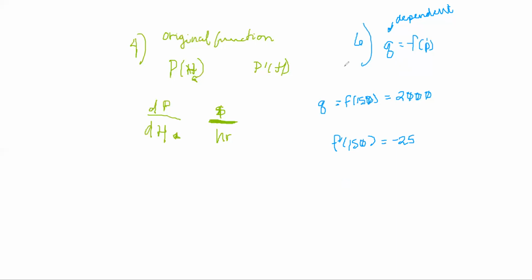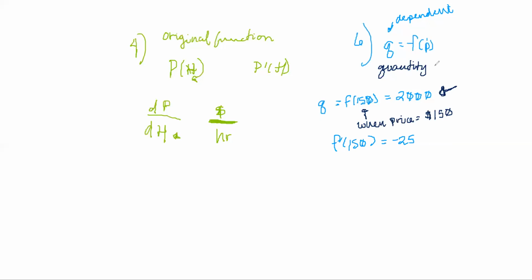It means that, would it be at 150? At 2,000 quantity, it's 150? It's the reverse of that. When the price is equal to 150, you sell 2,000.